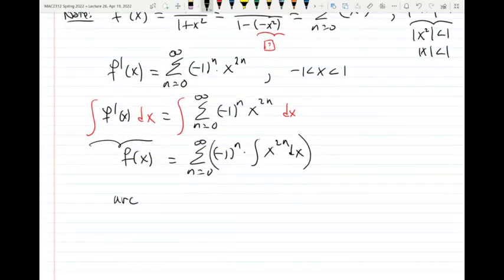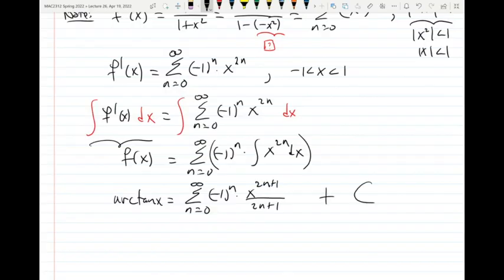So f of x we know is arctangent, and then this becomes the sum from 0 to infinity, negative 1 to the n times x to the 2n plus 1 over 2n plus 1, right? And then remember, plus c, because we did an integral, so there is this plus c. We have to figure out what this c is. Are we okay so far? Okay, so let's find this c.